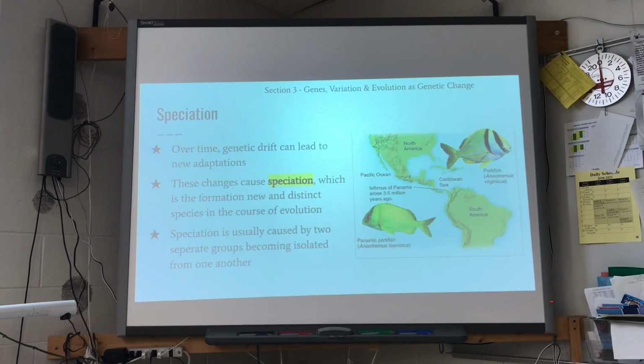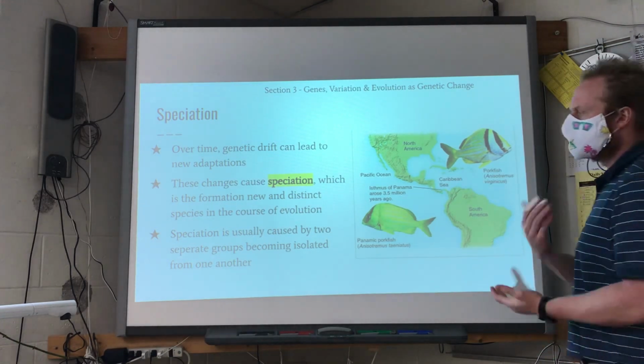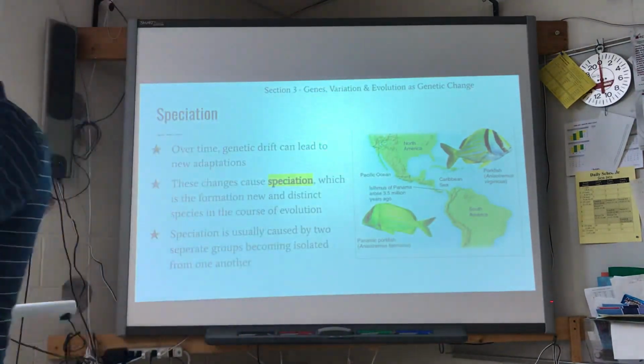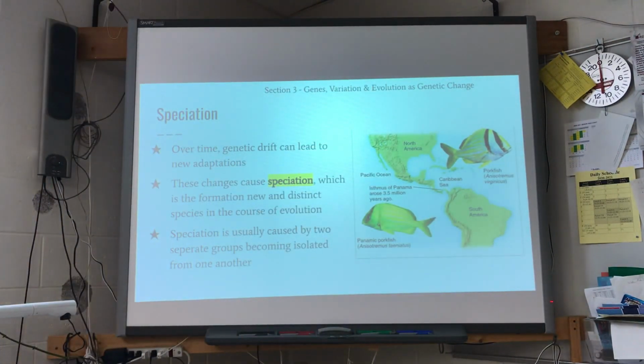Speciation, we did the speciation song, we played the speciation song. So the idea is if we have two populations that get some form of isolation over a long period of time, this population is isolated from this population. There's no transferring of genetic variation, there's no crossbreeding.